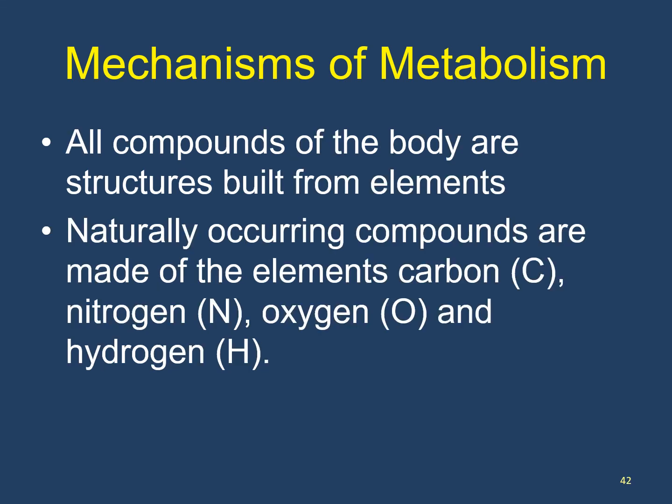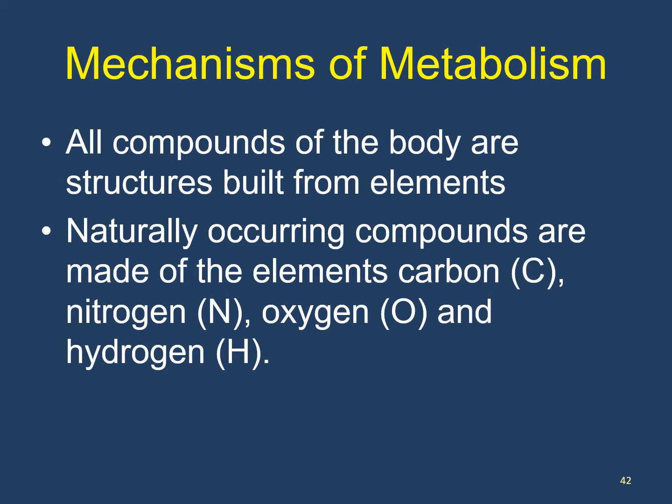So remember, again, from your chemistry class or your biochemistry class, that all of the compounds of the body are structures built from the elements. Remember the periodic table of the elements in General Chemistry 101 back when you were a freshman in college? We have a whole bunch of elements. But the naturally occurring compounds in the human body seem to be built largely on carbon, nitrogen, oxygen, and hydrogen.